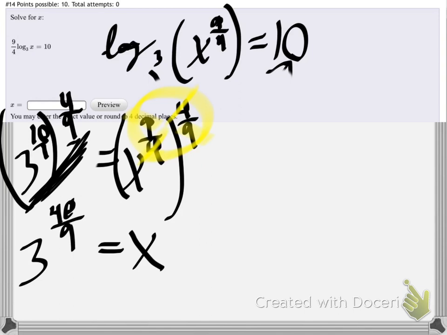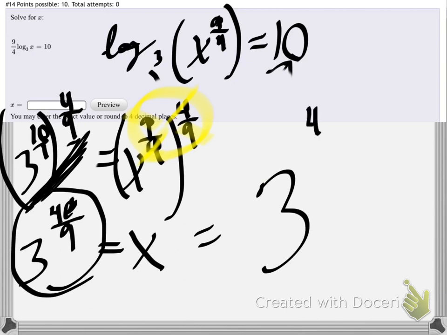How about that? It's 40/9. I don't think it reduces, so that's cool. And then that's calculator work, because it's not like it's 3 times 40/9. The 40/9 is an exponent. Here, I'll write it big so it looks more clear. 3 to the power of 40/9. And that's really not worth trying to figure out by hand.